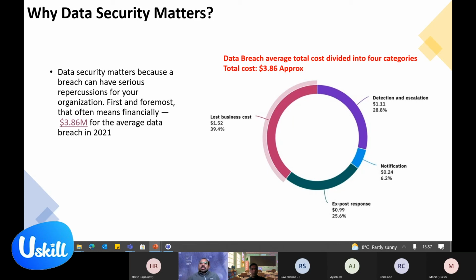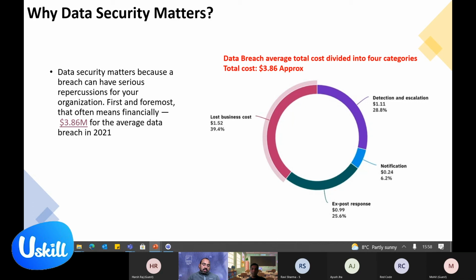Because the top management of that organization is either not aware that they need some kind of data security, or they don't bother whether they go for data security or not, unless they are hit hard by such an incident. So data security definitely matters, because it impacts the organizations affected, not only in their reputation but also monetarily.